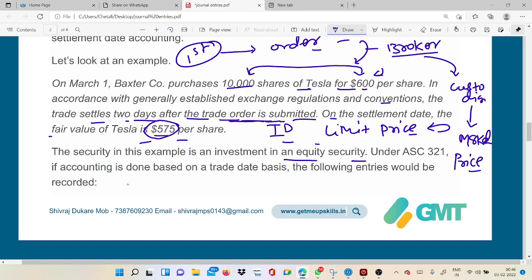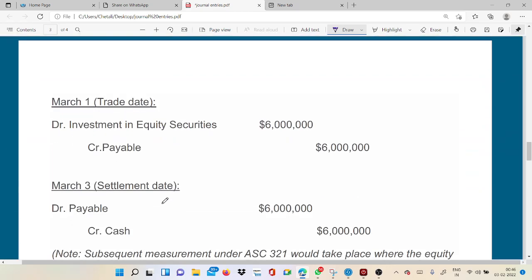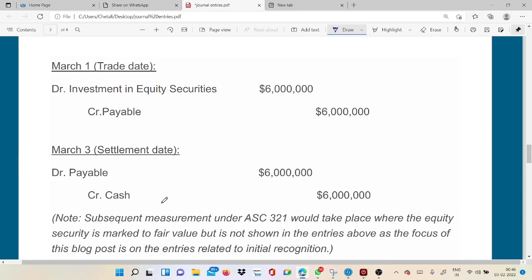This is important. Under accounting standard 321, if accounting is done on a trade date basis, the following entries would be recorded. This would be your accounting entry on March 1st because it's the trade date.